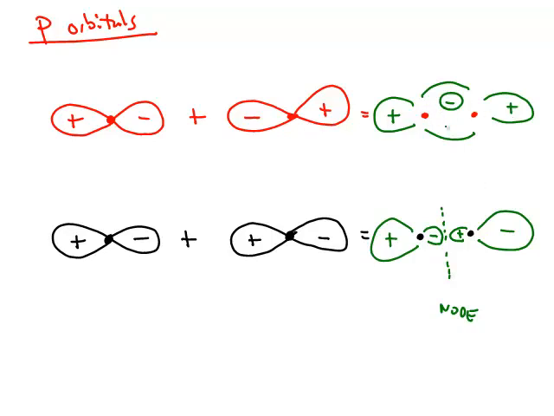Notice that the part that's good for bonding shows that the electrons can exist between those two nuclei along that internuclear axis. So this would be called a bonding MO that came from a p orbital. The one at the bottom is anti-bonding, and it came from a p orbital, but it's also along that internuclear axis.